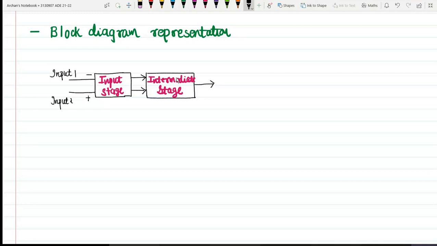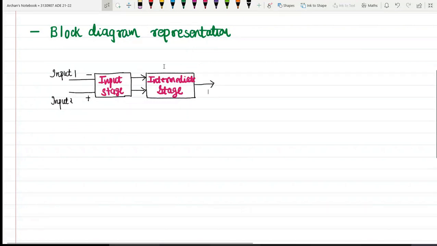Some of the voltage gain is provided by the input stage, and the additional required voltage gain is provided by this dual input unbalanced output differential amplifier. Practically, this intermediate stage is not a single amplifier but a chain of cascaded amplifiers, also known as multi-stage amplifiers. According to our required gain, we will use these multi-stage amplifiers.